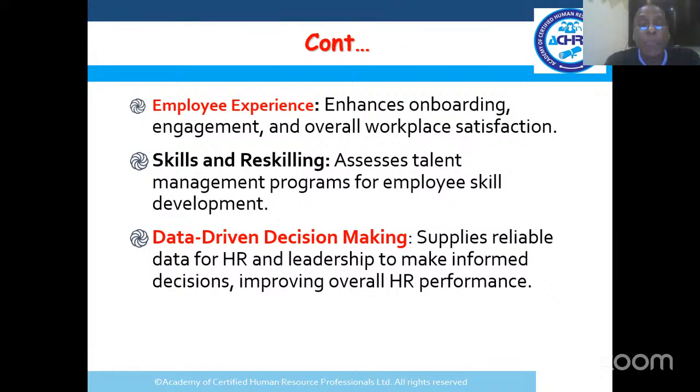For example, in employee relations, particularly the disciplinary process, as HR managers, we need to follow due process. When a person has committed an offense, there is a process that is followed. Depending on the nature of the offense, HR managers make decisions based on data.